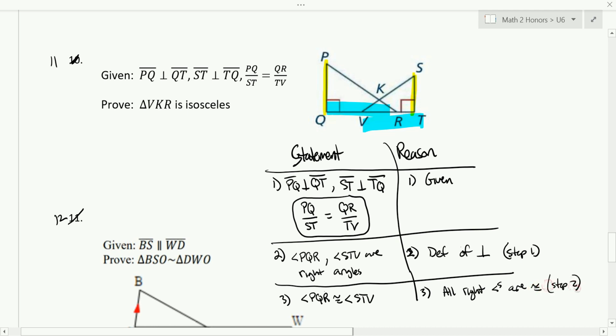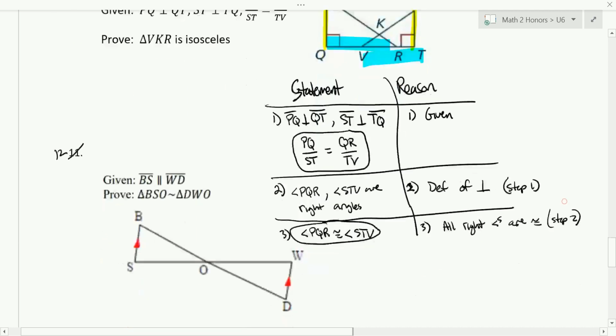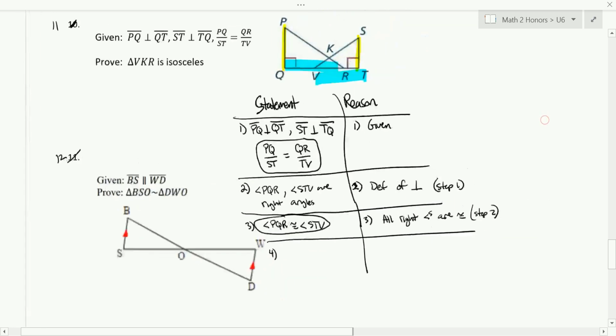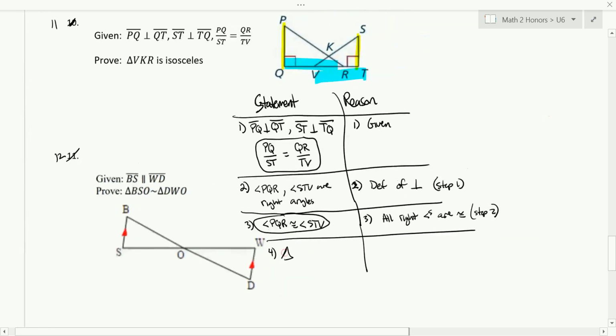So now from congruence for the angle and for that proportional statement, those two things establish that the triangles are similar to each other. So we could say triangle PQR is similar to triangle what? STV. Why?